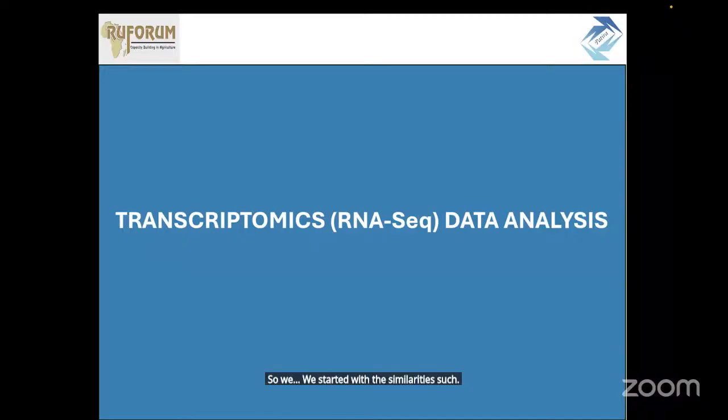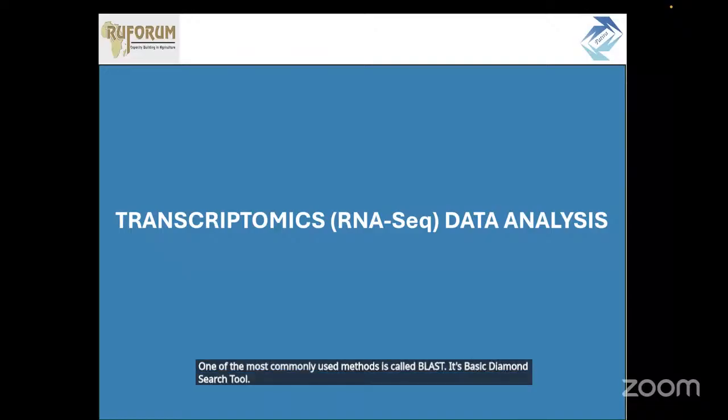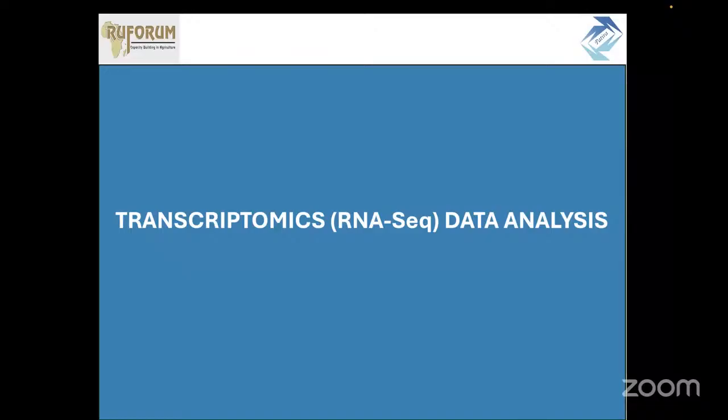One of the most commonly used methods is called BLAST. It's a basic alignment search tool. There we discussed different types, but there are two types that are most commonly used.